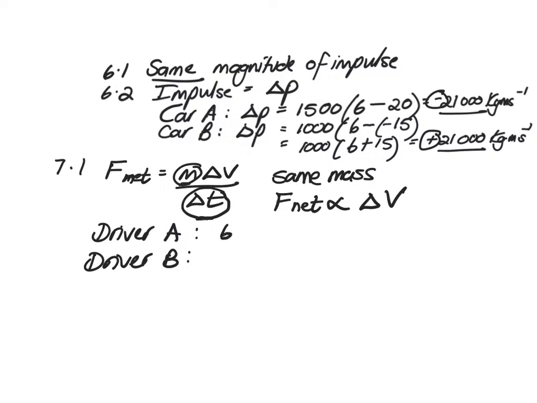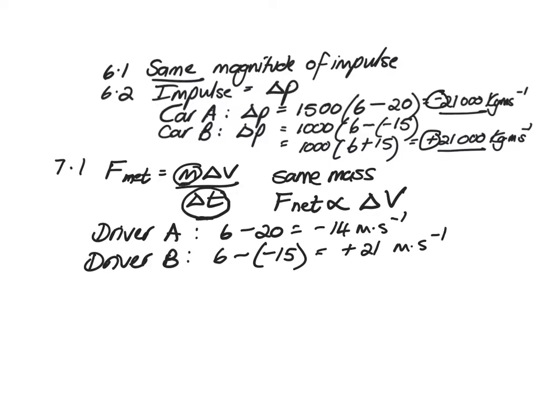Driver A, 6. Obviously the driver is traveling at the same velocity as the car, so minus 20, that's his initial velocity, so minus 14 meters second to the minus 1. And then driver B, remember, they locked together during the collision, so again his final velocity was 6 because he's traveling at the same velocity as the car, but they're traveling in opposite directions, so minus 15, so it comes to plus 21 meters second to the minus 1.